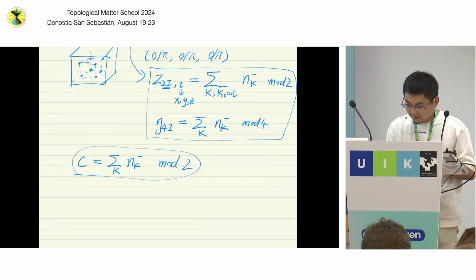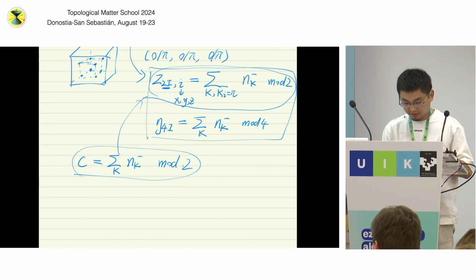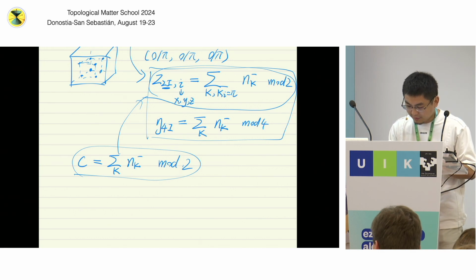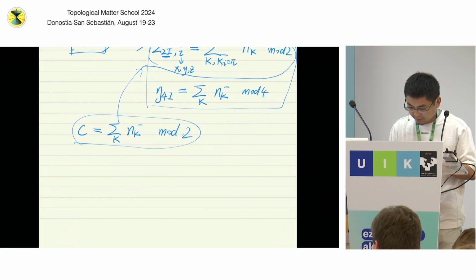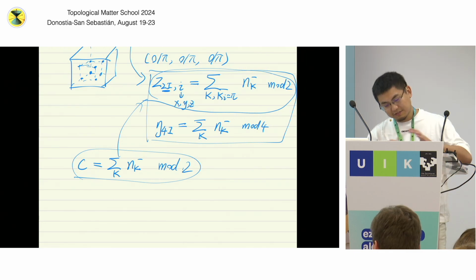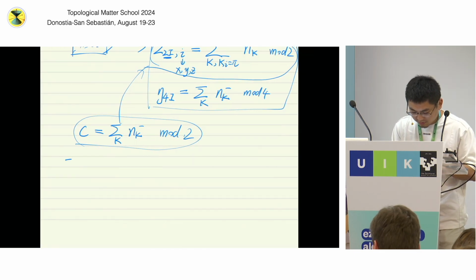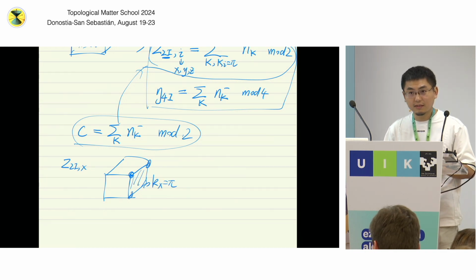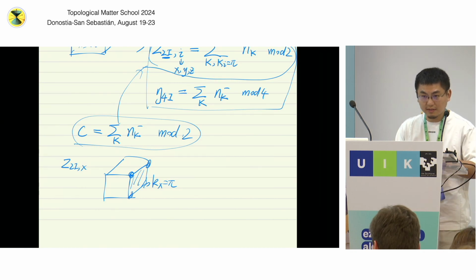So then we can see that this expression is nothing but a trivial generalization of the indicator we talked about yesterday. But this Z2I is defined on different planes. For example, this Z2X counts the Chern number on the kx equals pi plane, right? So it's the parity of the Chern number in this plane.